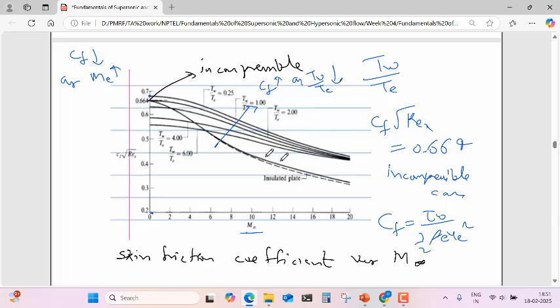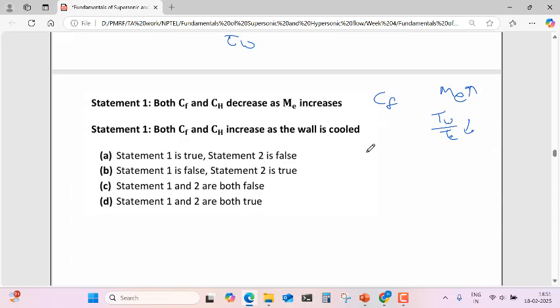Cf is decreasing here as Mach number is increasing. So Cf will decrease as Mach number increases. And if wall temperature decreases, then what will happen to Cf? Cf will increase.